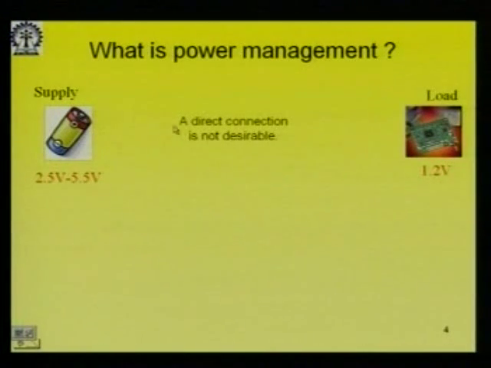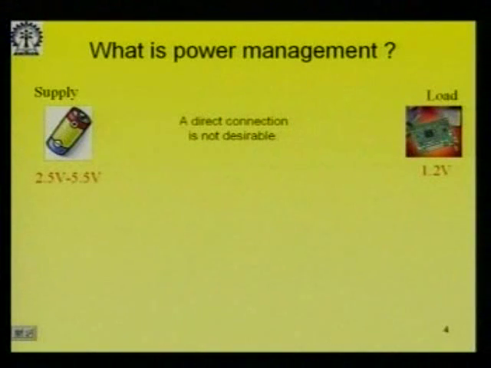On the other hand, we may have to drive loads operating at 1.2 volts, like some of the latest generation microprocessors, which work at 1 volt, 1.1 volts, 1.2 volts. So we cannot directly connect a battery across the processor, because processors are rated for very low tolerance. If you give a voltage more than 1.2 or 1.3 volts, it will simply burn, because the breakdown voltages of these devices are small.